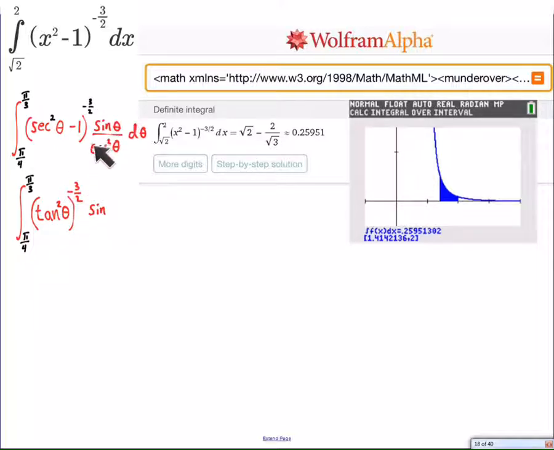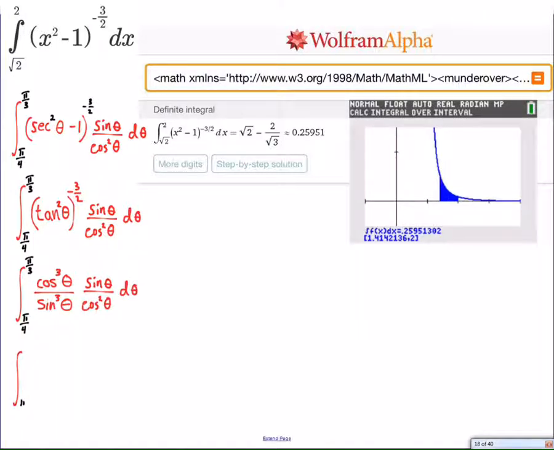And now we have sine of theta over cosine squared theta. What we're going to do is apply the exponent, so the tangent squared, the second power, times the negative 3 halves power gives us a negative 3 power.